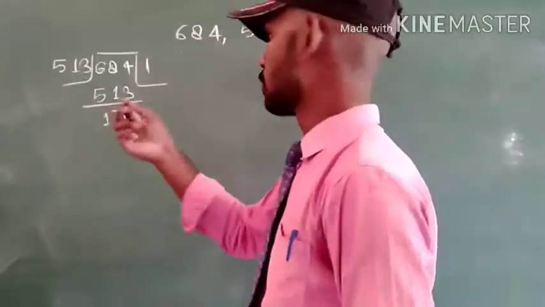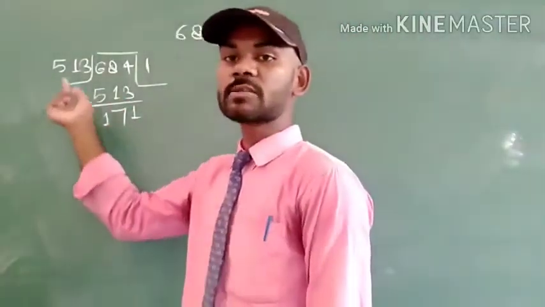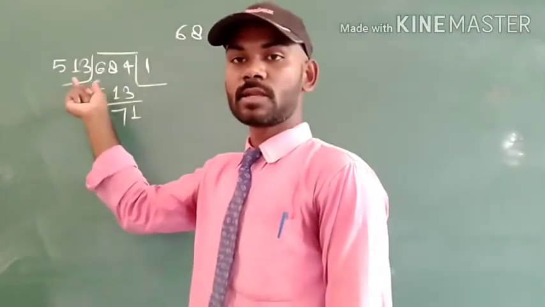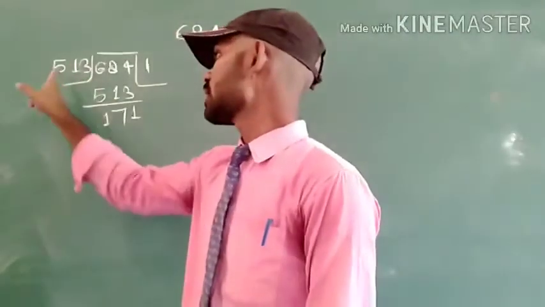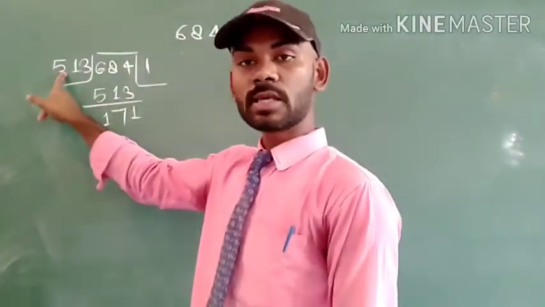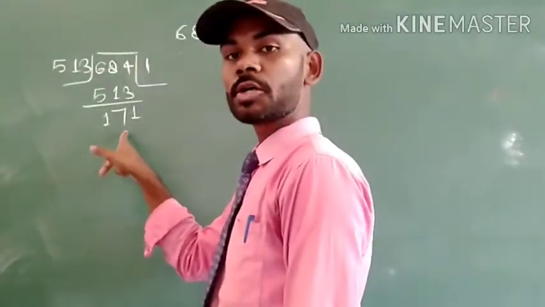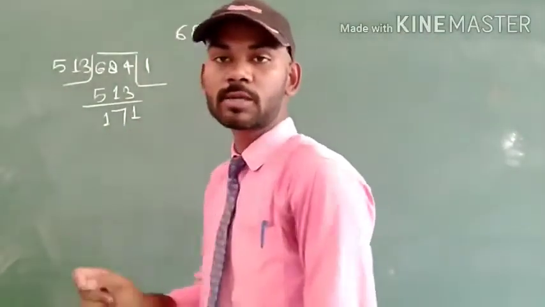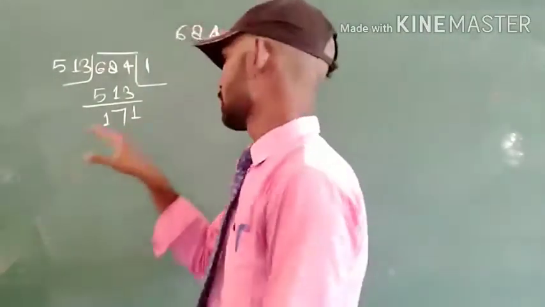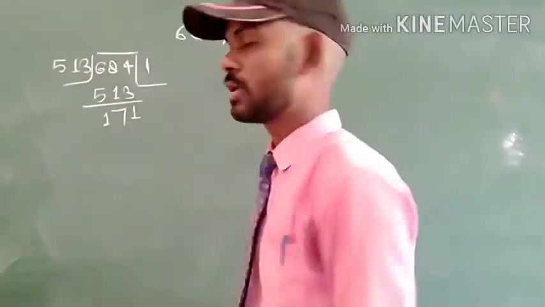Here we can see that the remainder is always smaller than the divisor. Now we compare these two numbers, we find that 513 is greater than 171, and we continue this process until we get the remainder as 0. हम इस प्रोसेस को तब तक करेंगे जब तक हमको रिमाइंडर 0 नहीं मिल जाता.